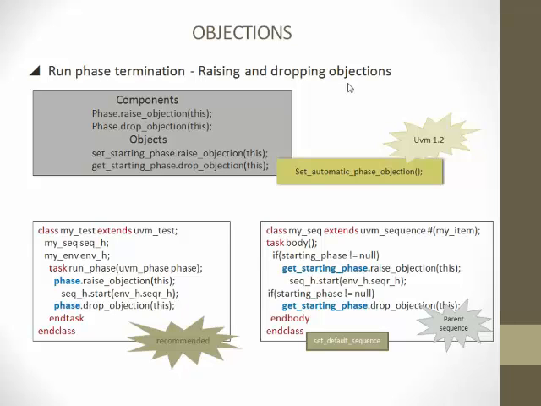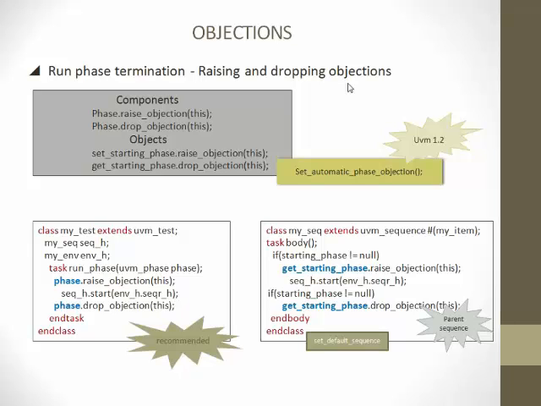Okay, coming to this, Mike iterated here, starting phase. What we had in OVM or UVM 1, even before 1.1d, was starting phase, starting_phase.raise_objection, starting_phase.drop_objection. What we have in UVM 1.1d is that these two are guarded. Why are they guarded?